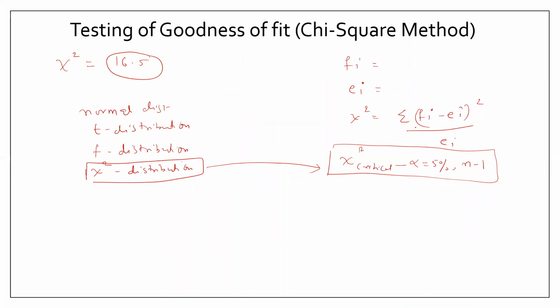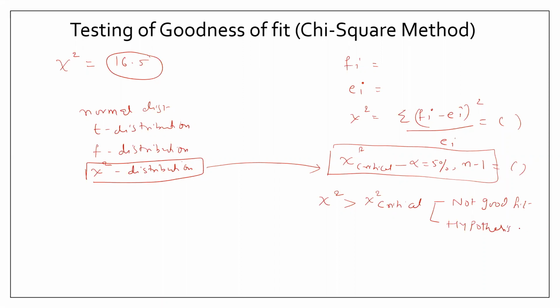Now that we have both these values, we compare them. If the chi-square value is greater than the chi-square critical value, then we say it is not a good fit, or also we can say the hypothesis got rejected.